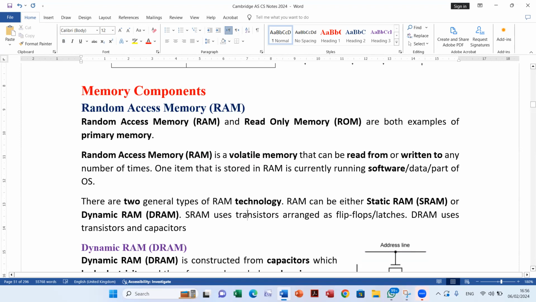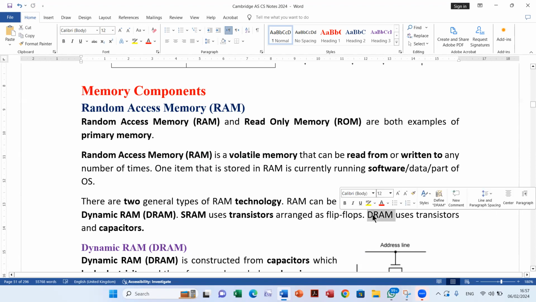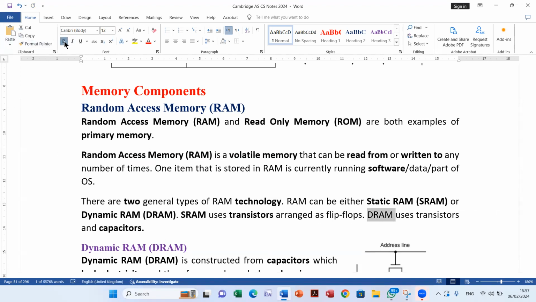SRAM uses transistors arranged as flip-flops. DRAM uses transistors and capacitors. We will be studying all these shortly.